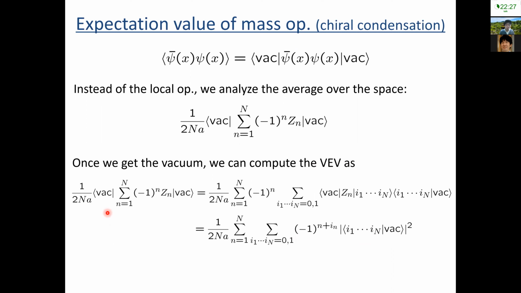So we can express the expectation value in terms of the probability of having each basis state inside the vacuum. In this way, we can compute the expectation value of this operator.